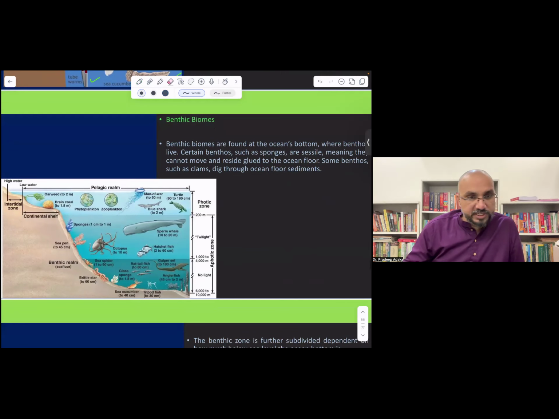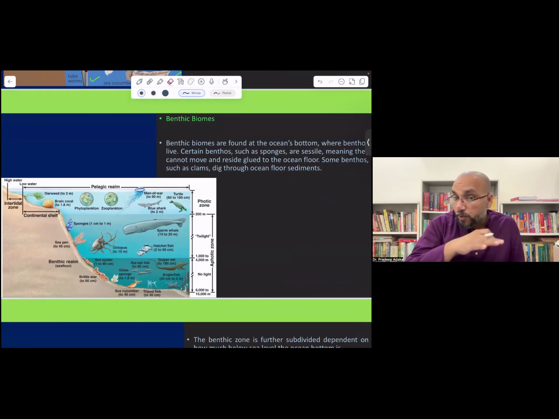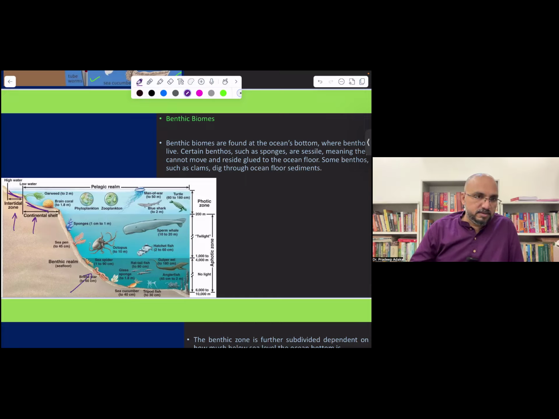Then अब oceanic biome हो गया. Benthic biome means bottom of the sea. Now sea का bottom बोल रहे हैं. अब देखो sea का bottom means this bottom can be here also. ये भी तो bottom ही है. Bottom of the ocean ही है, ये वाला part भी. हाँ, and this zone also is bottom of the sea. पर bottom कहां पर?